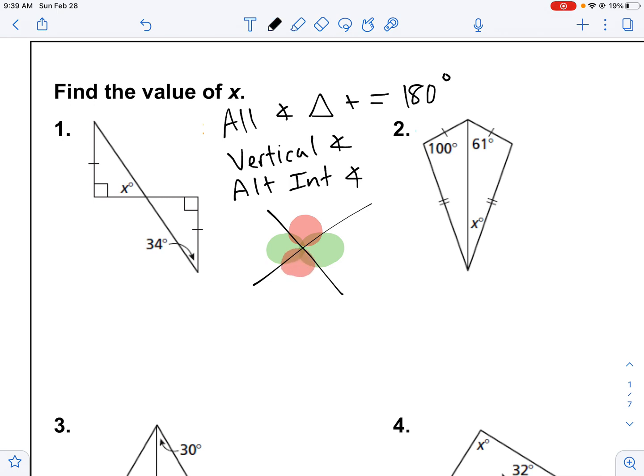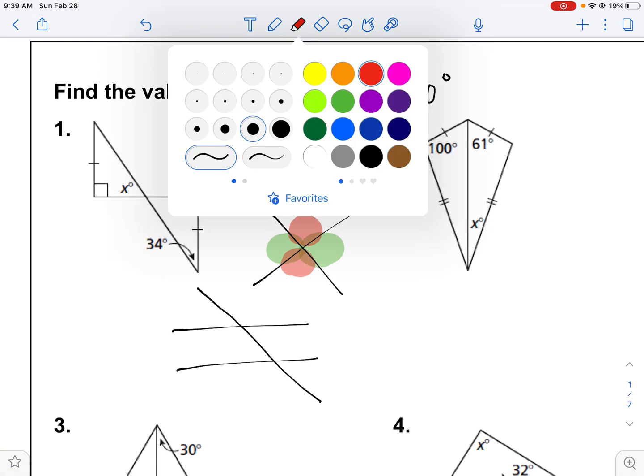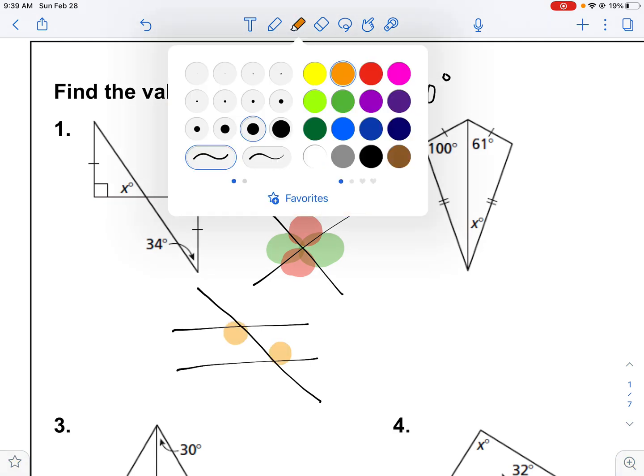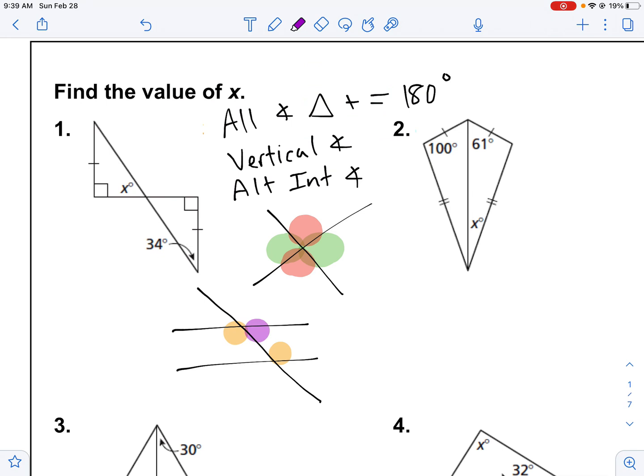And for alternate interior, if I have two parallel lines and a transversal that cuts these, then these two angles are congruent and these two angles are congruent. They are alternating on the transversal and inside of our parallel lines.